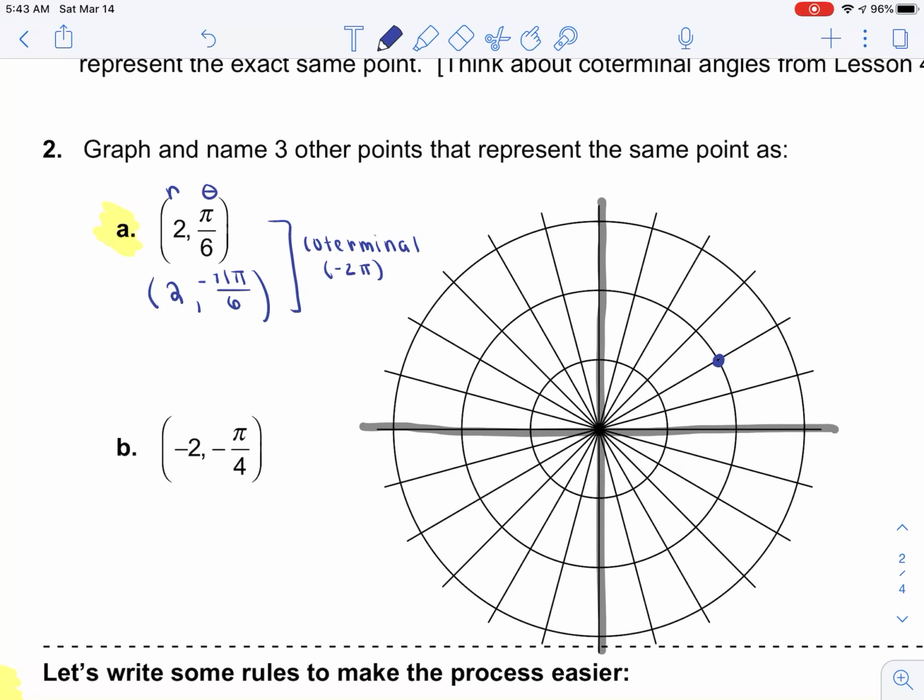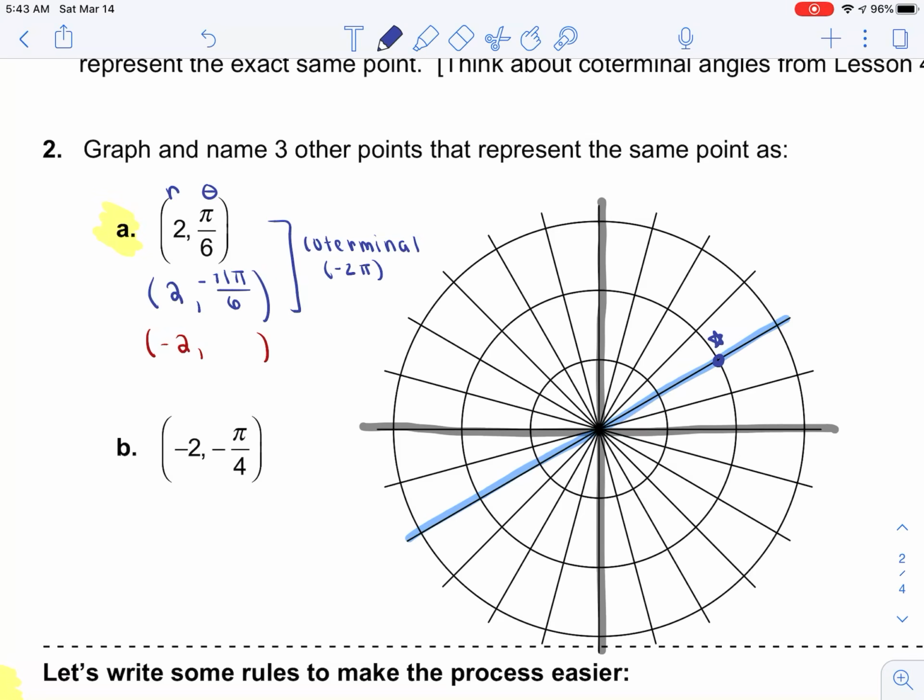Now, if we want to find 2 other names for this point, we can also change the r value. Remember, if we change the r value, we just need to think about an angle on the opposite side of this angle right here, of π/6. If I name that angle and then use a negative r value, it'll also take me to the same point.